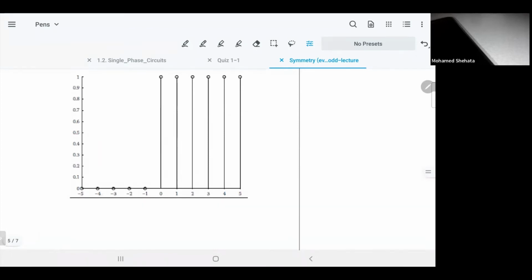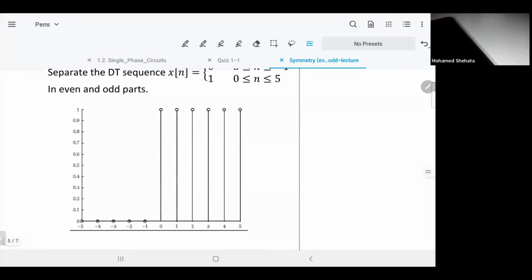At n equal -4 it is 0, and so on, till n equals 0 up to n equal 5, it is equal to 1. That's a discrete time series, defined over the interval from -5 up to 5.